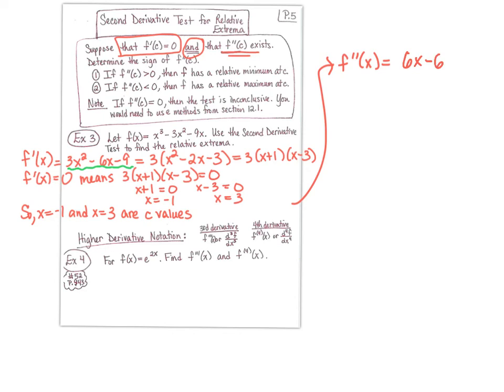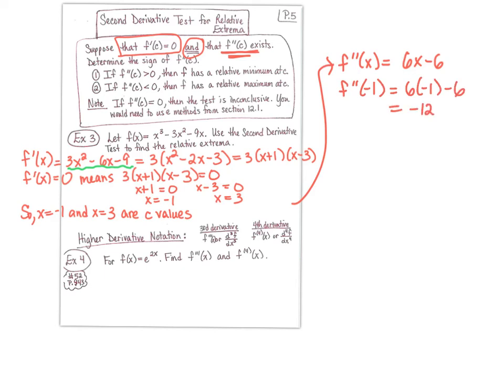Now we need to make sure that f double prime of c exists. So now we need to plug in negative 1 into this, plug in 3 into this to see what we get. So f double prime of negative 1 is equal to 6 times negative 1 minus 6, or we get negative 12.